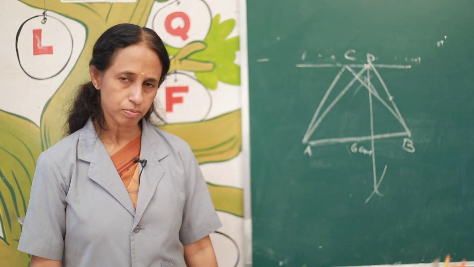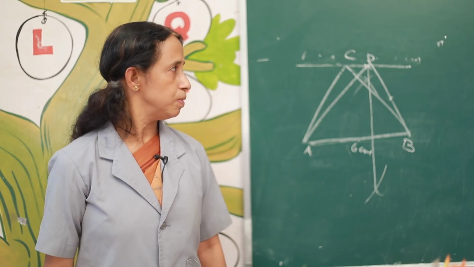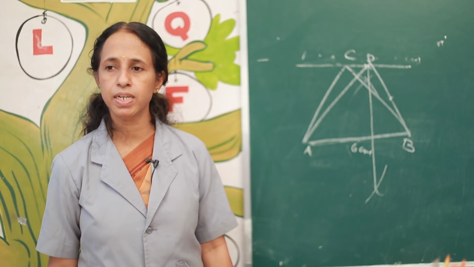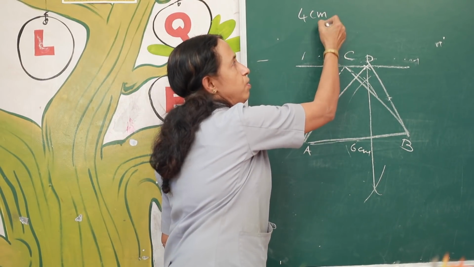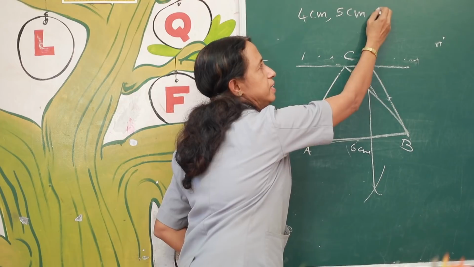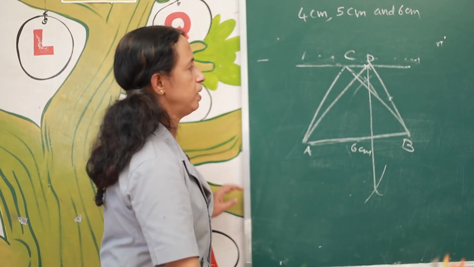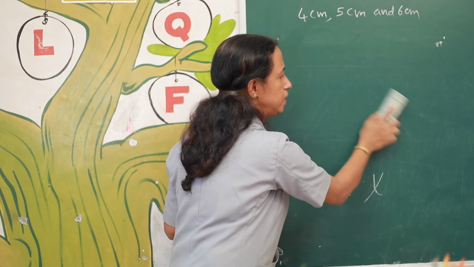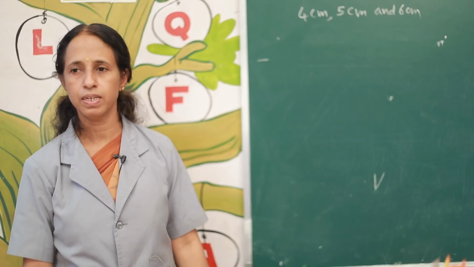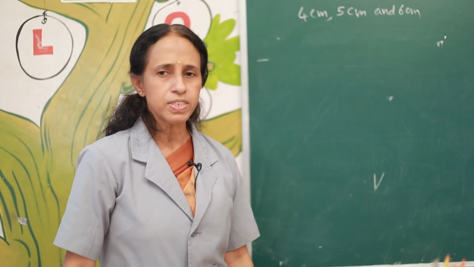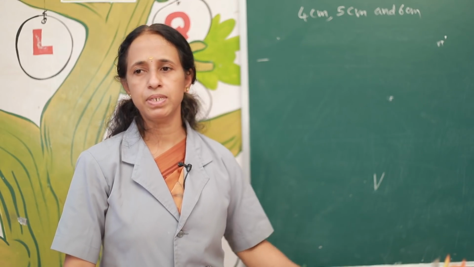First, draw the triangle with sides 4 centimeter, 5 centimeter and 6 centimeter. Take 6 centimeter as base.